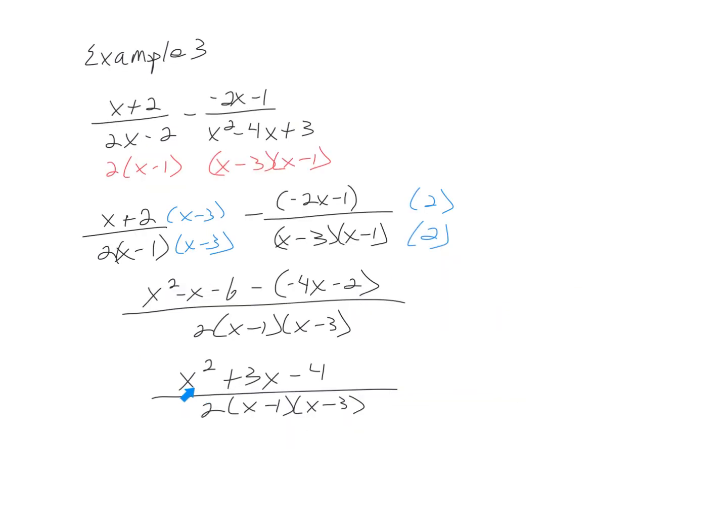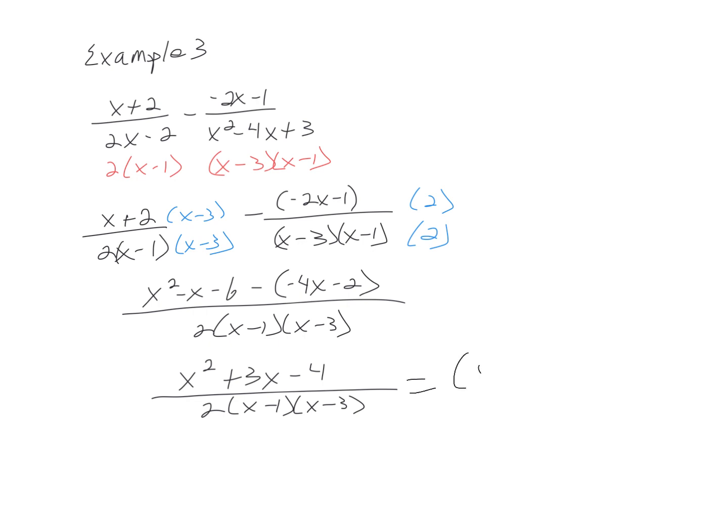So you can see here in the numerator we have x squared plus 3x minus 4. We're going to combine all those like terms, all over 2 times x minus 1 times x minus 3. Now normally we would be finished. However, this trinomial, x squared plus 3x minus 4, can be factored. We find the factors of negative 4 that add to 3. That's going to be 4 and negative 1.